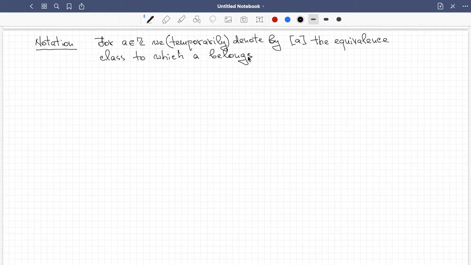That is, all elements in relation with a, all elements congruent to a. We call it a congruence class.